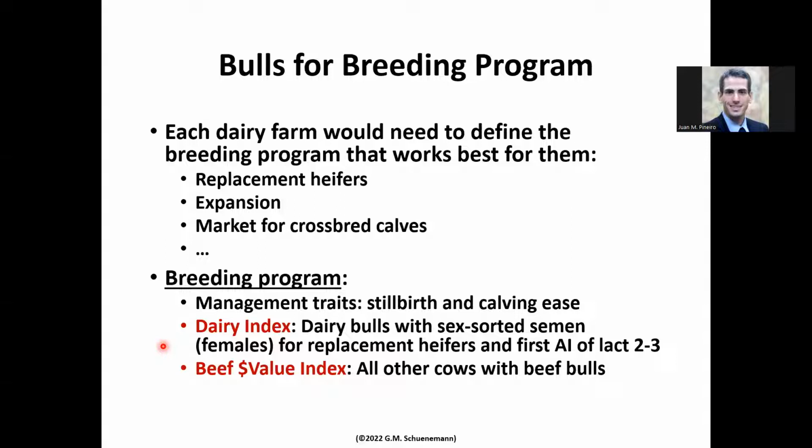They might choose to use sex-sorted semen for replacement heifers and first service for lactation 2 or 3, depending on how many replacement heifers they need. And everything else they will pick up some of these beef indexes and use for all other cows.